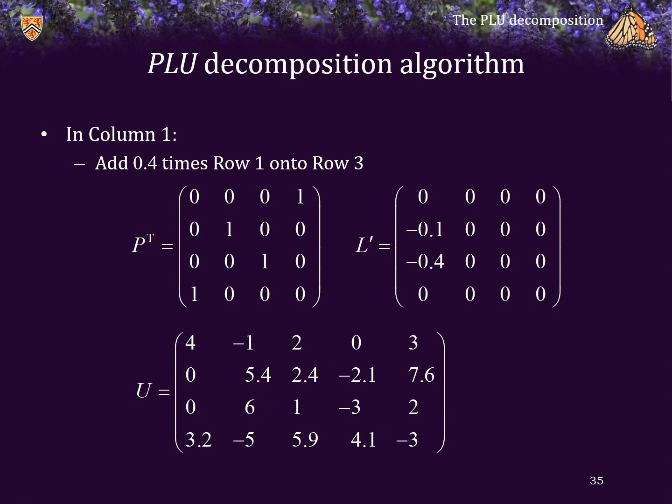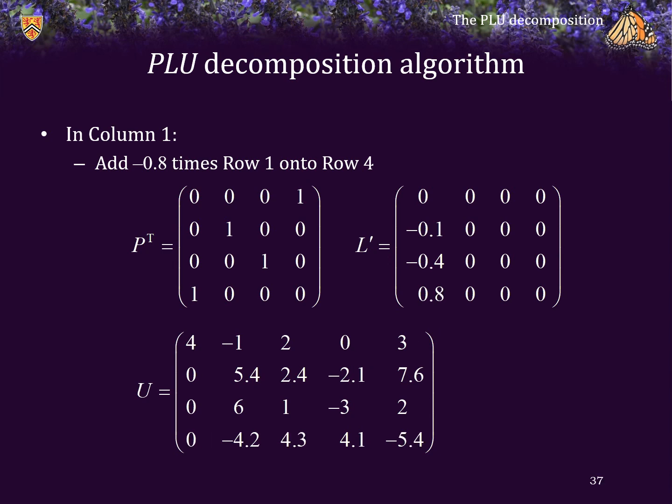Next, we will add negative 0.8 times row 1 onto row 4, and we store 0.8 in the corresponding location in the matrix L prime. All right, now we move to column 2. We note that we must swap row 2 and row 3. We do this in all three matrices.